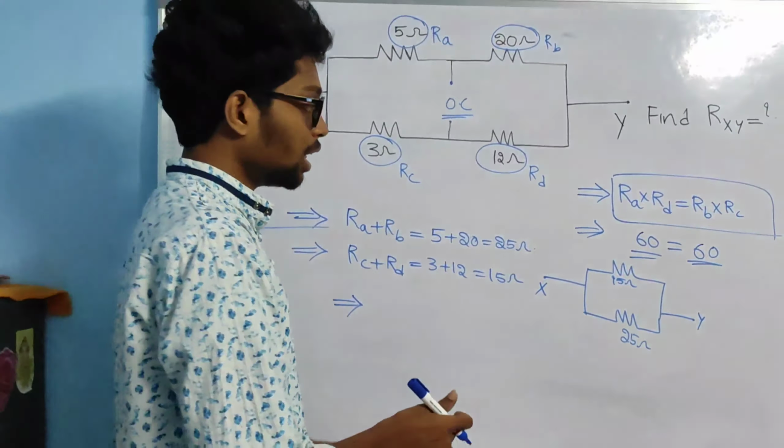I am converting into current source. Whenever we convert a practical voltage source into a current source, let me take this resistance as RA and the voltage as VA. When I convert into current source, I get a circuit like this.